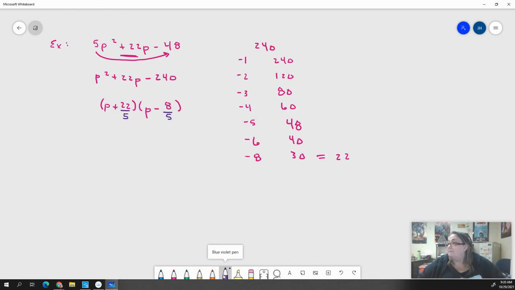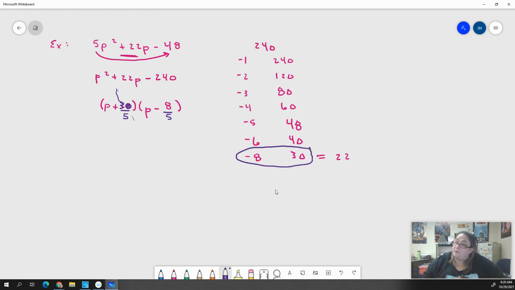But it's what I got, right? Oh, 30. Sorry. That's because I wrote this wrong. I wrote 22 and I was supposed to write 30. I'm like, one of these has to divide evenly. They add to 22. The factors are -8 and 30. I just wrote the wrong factor in. That's all. These are my factors.